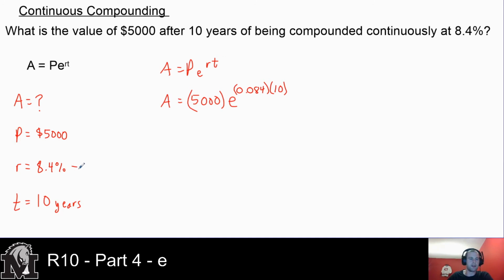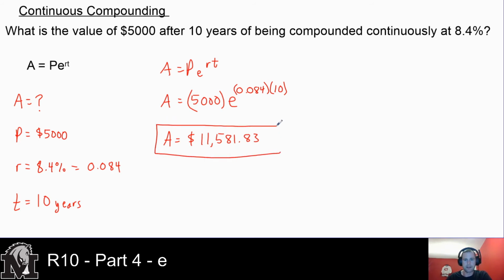I should have mentioned that we express this in decimal form, so 0.084 is the number that we actually plug in. And now we're simply plugging this into our calculator. So the number I get is $11,581.83. I had to round to the nearest cent because I don't know anyone who's going to pay me less than a cent.